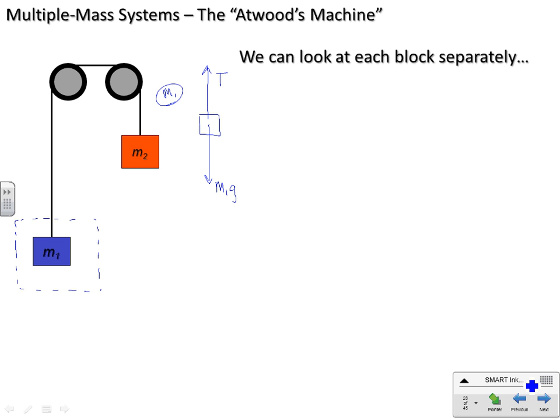If we look at block 2, M2, we would have M2g and the tension. Agreed?